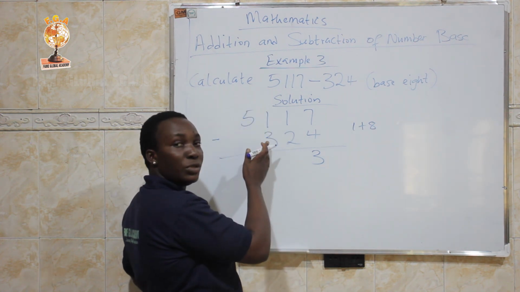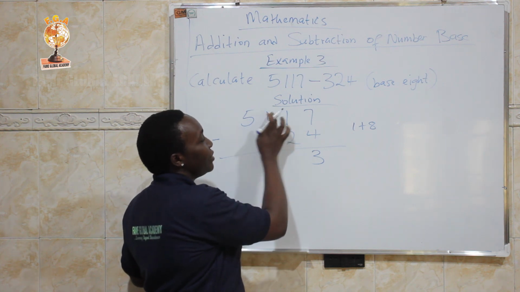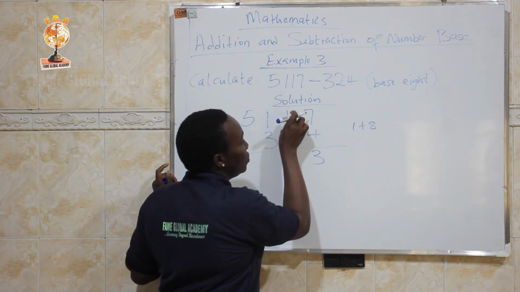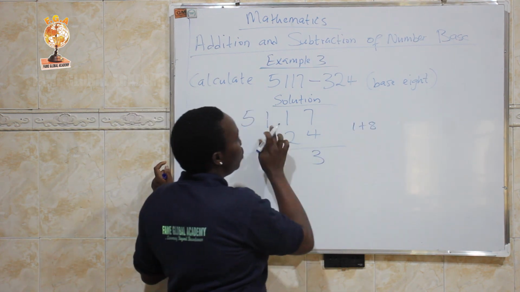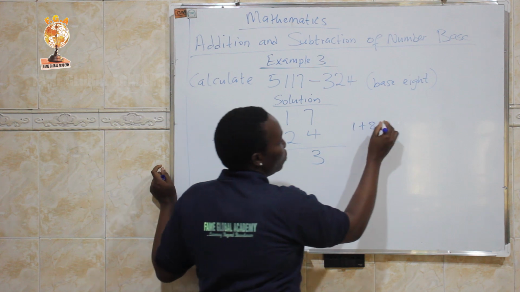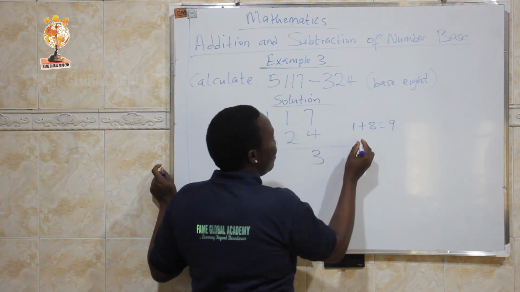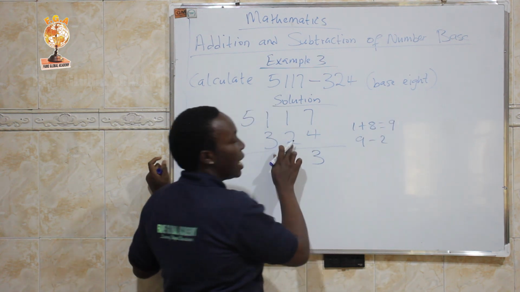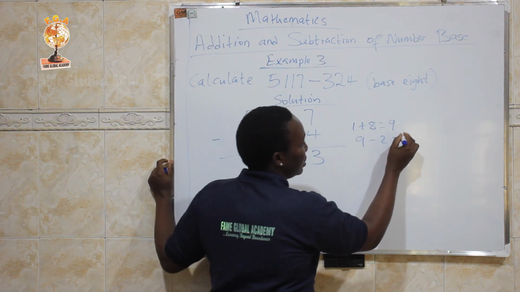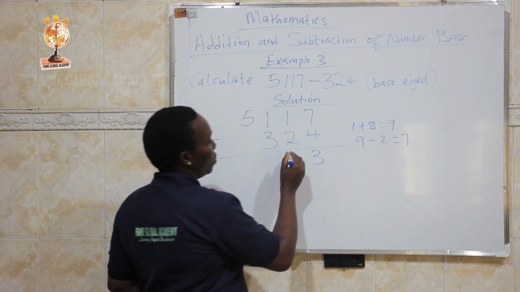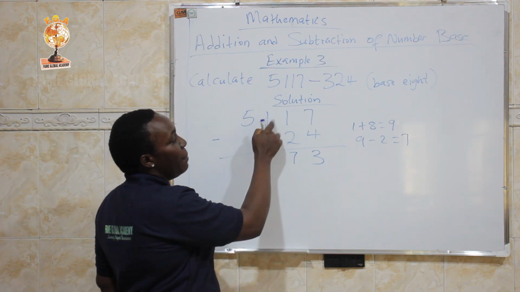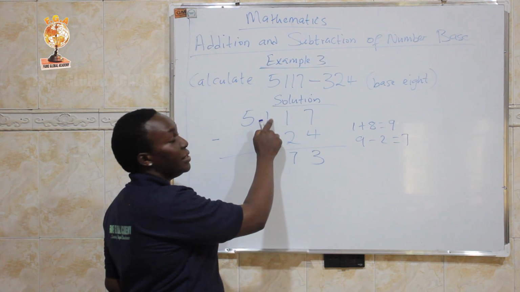So it will now be 1 plus 8, which is 9. So it is now 9 minus 2, which is 7.